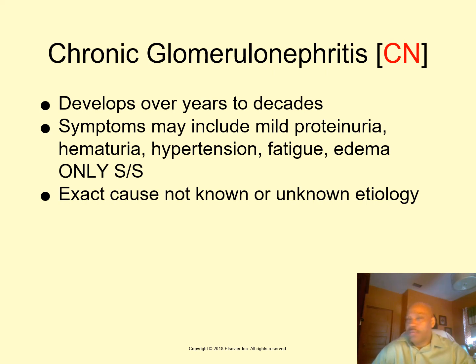So that is it regarding the acute type. So let's go ahead and have a quick discussion about the chronic glomerulonephritis. This particular condition takes years to decades to develop. Symptoms may involve a mild proteinuria, hematuria, hypertension, fatigue, edema.